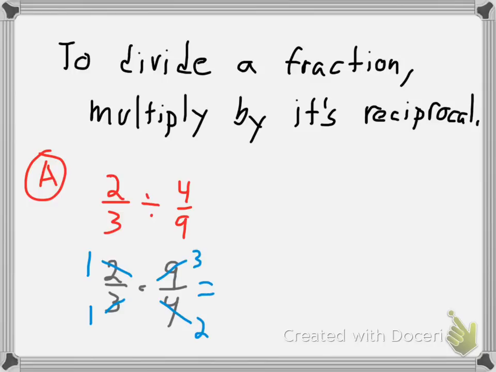Now I can multiply straight across. 1 times 3 for my numerator is 3. 1 times 2 for my denominator is 2, so I'm left with 3/2, and I know that I don't want my answer as an improper fraction. I want it as a mixed number. So 2 goes into 3 one whole time, and when I take that 2 away, I'm left with 1/2. So 1 1/2 is my answer.